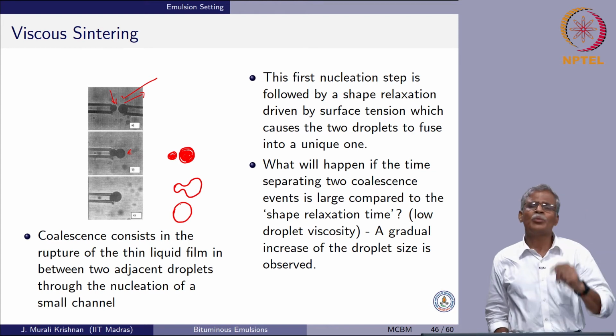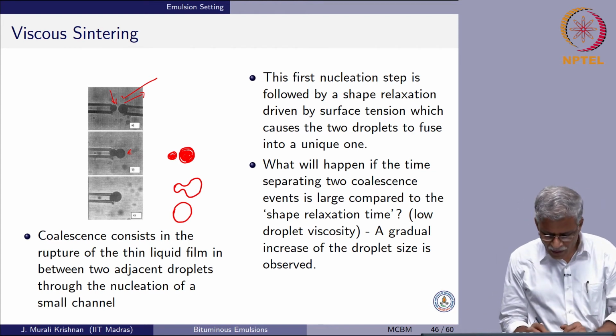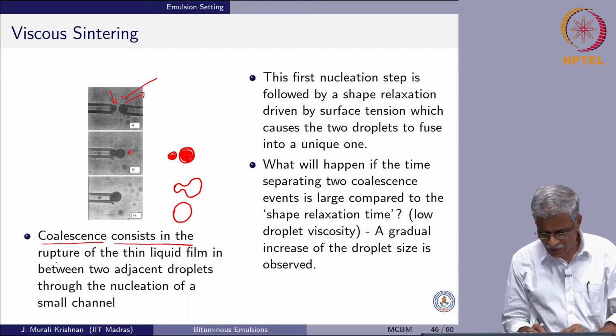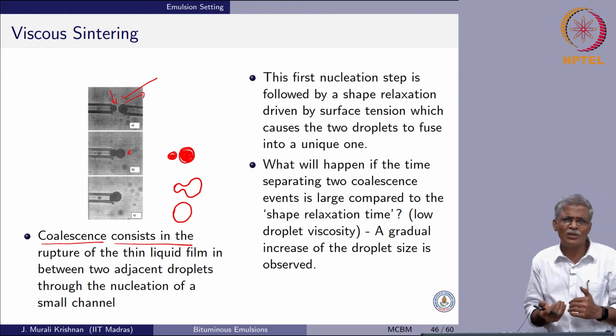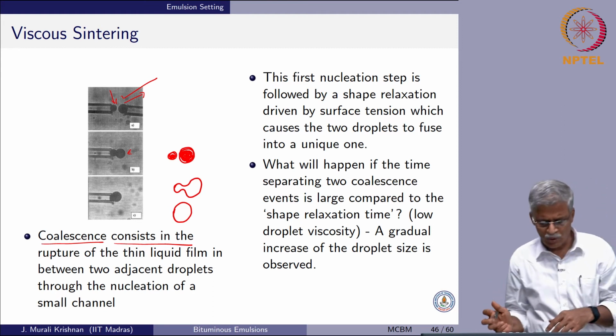So, now there are two important things here. The coalescence consists in the rupture. Now, we are not talking about flocculation, we have already reached the flocculation part. Now, we are talking about the coalescence.